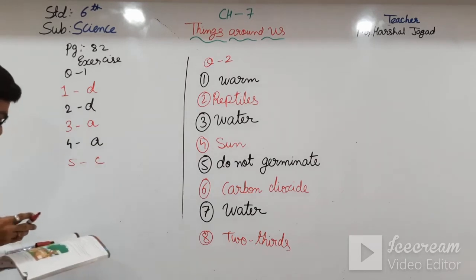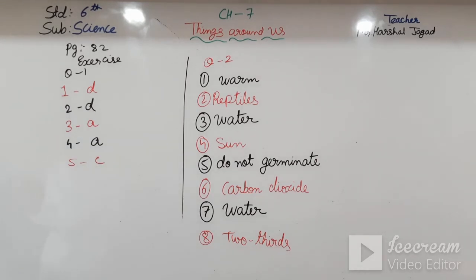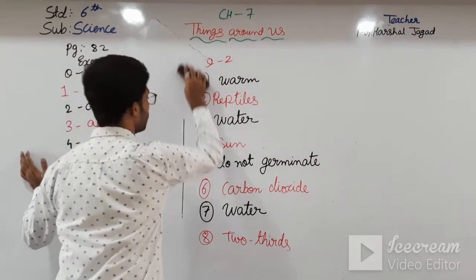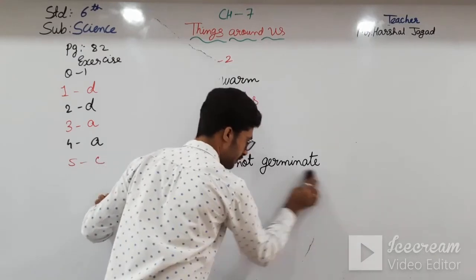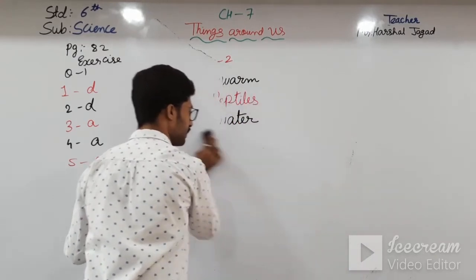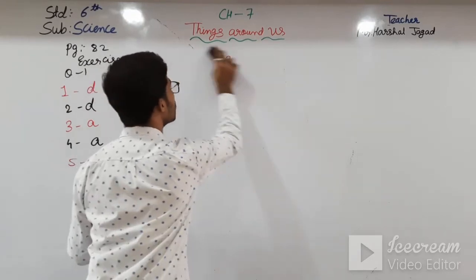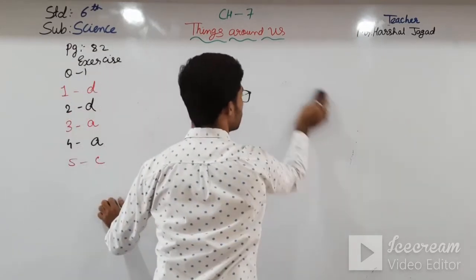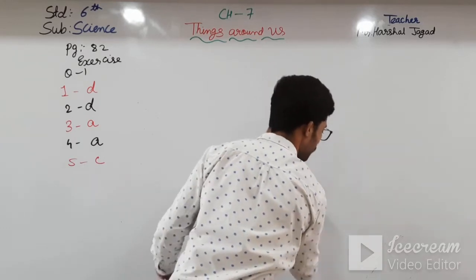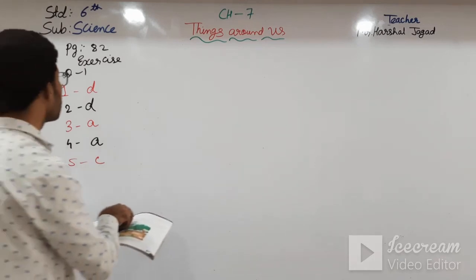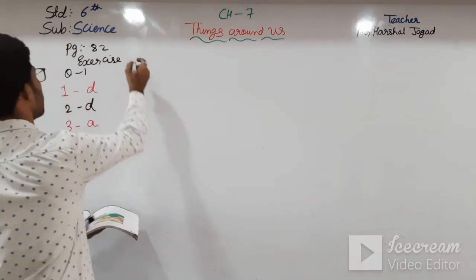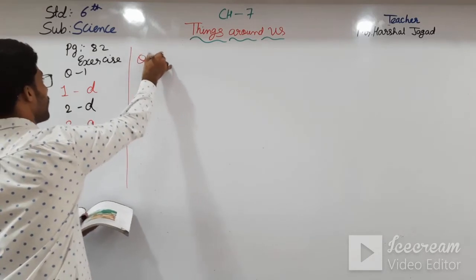That is C. Okay, please note down this, and I am just writing on the next slide the question number 2, that is fill in the blanks. So, in the question number 2, that is fill in the blanks.